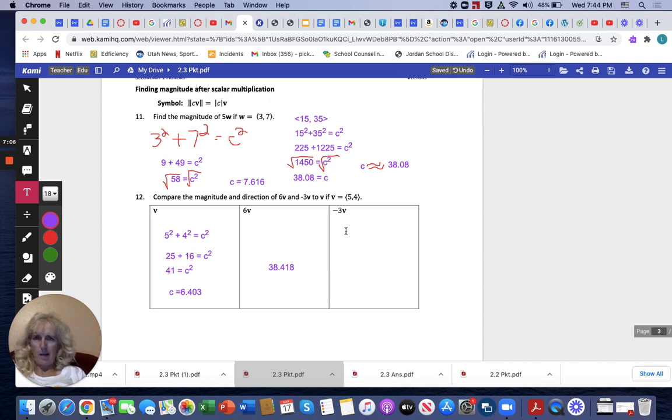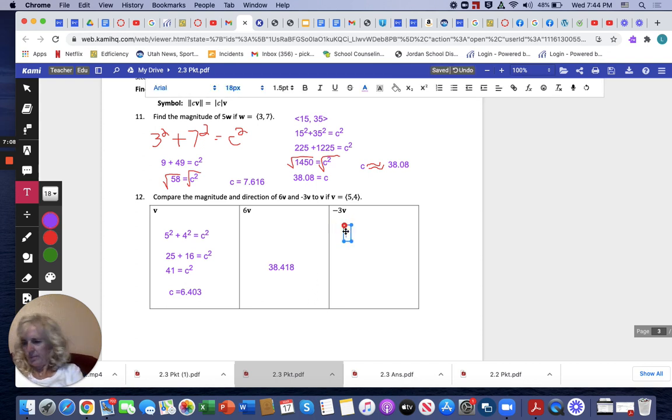And if I multiply it by negative 3, so I go 6.403 times negative 3, negative 19.209. Probably could have gone negative 19.21.